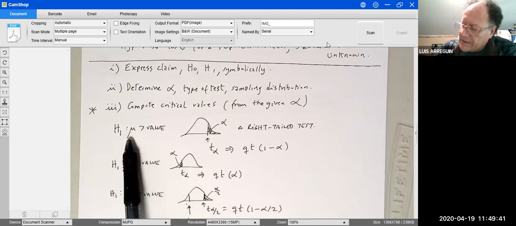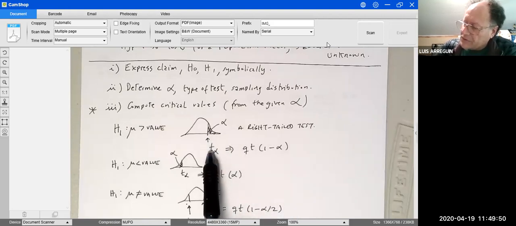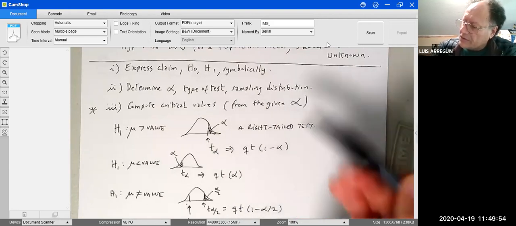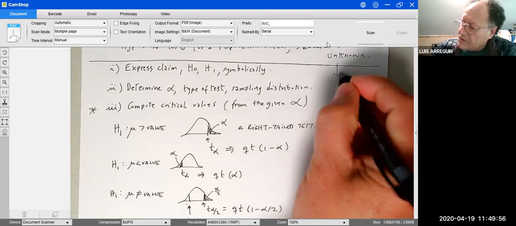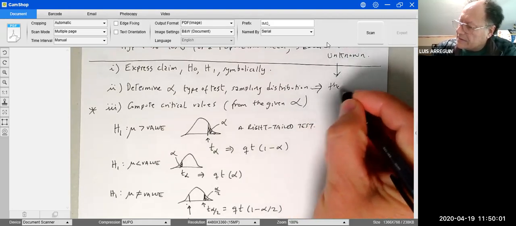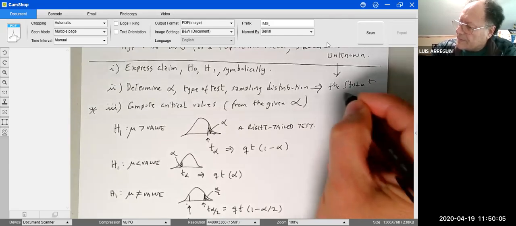When you have the alternative where the parameter is greater than a value, then this is a right tail test. So you're going to find t, because this time the sampling distribution that we're going to use, because the standard deviation is not known, is going to be the Student's t distribution.